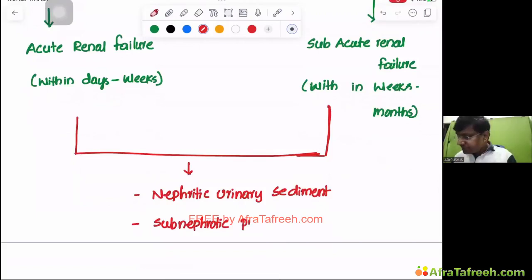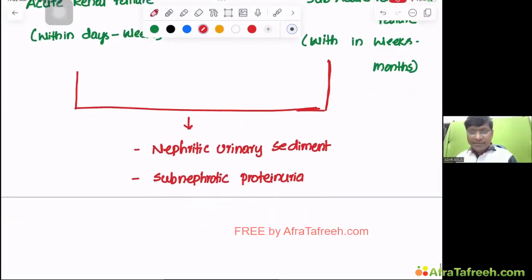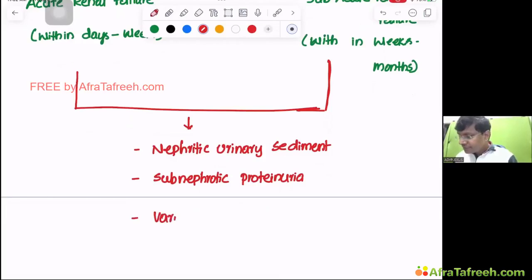Subnephrotic proteinuria will be there. In case of nephrotic syndrome, the proteinuria is more than 3.5 grams per gram of creatinine excretion, whereas here it is around 3 grams per 24 hours. And they will also have oliguria.